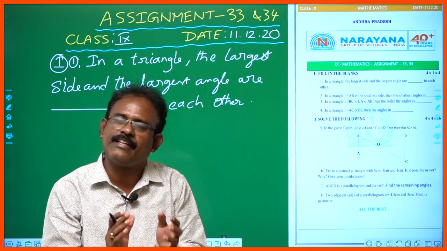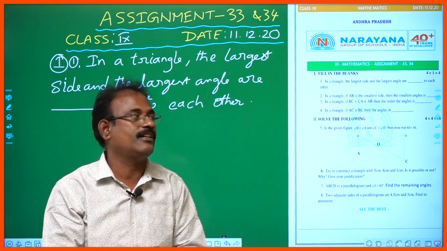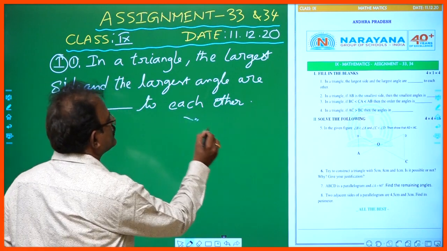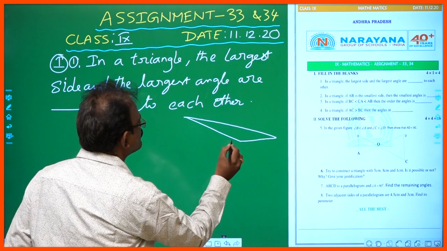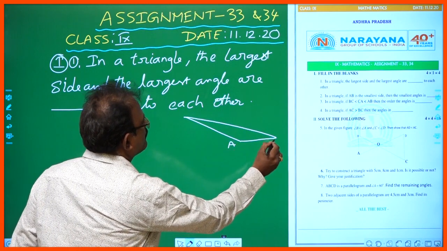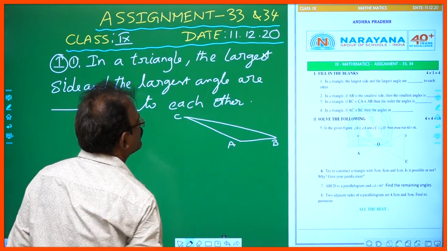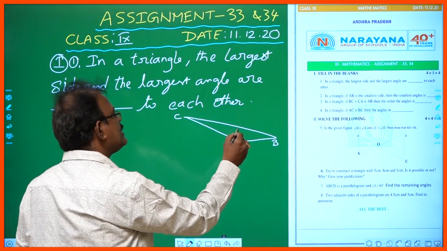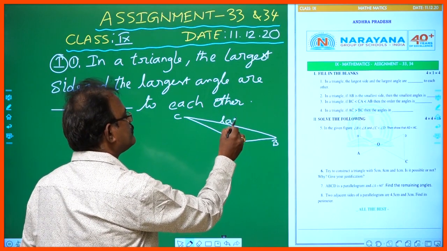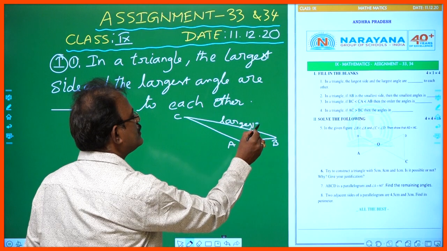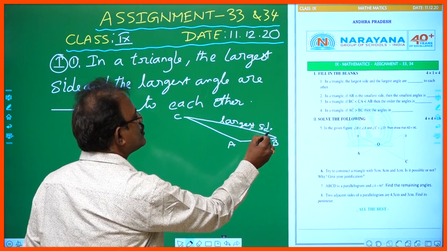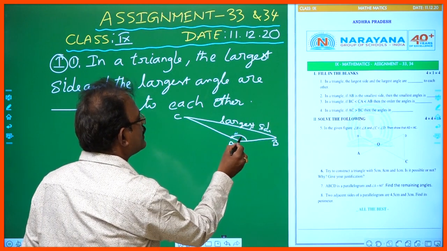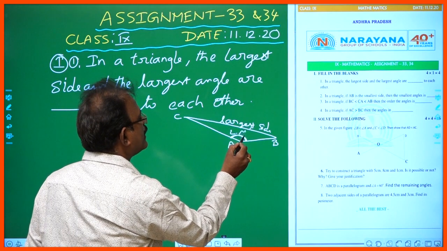Smallest side and smallest angle are opposite to each other. Let us see a small diagram here. Here A, B, C. So here BC is the largest side. If it is the largest side, then the opposite angle is the largest angle.